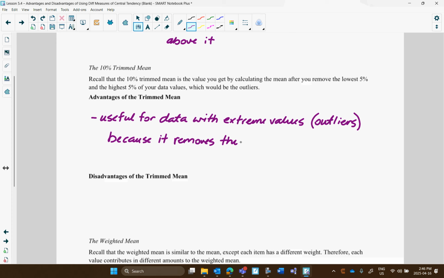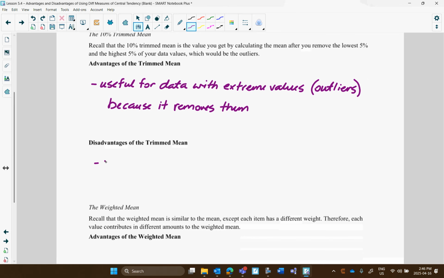However, and this leads to the disadvantage of the trimmed mean, it's not useful if there's too many outliers or extreme values.